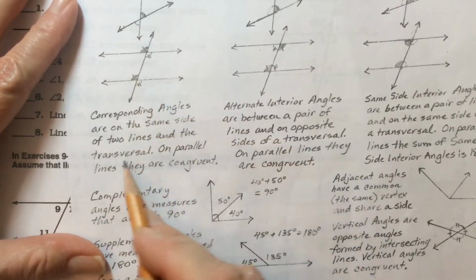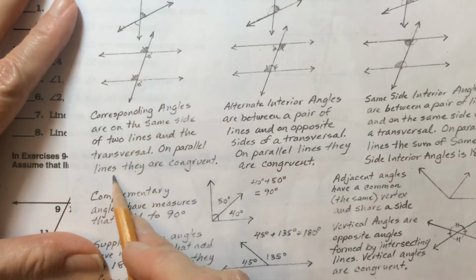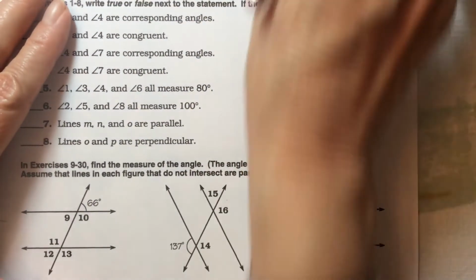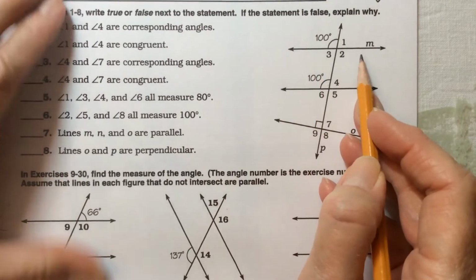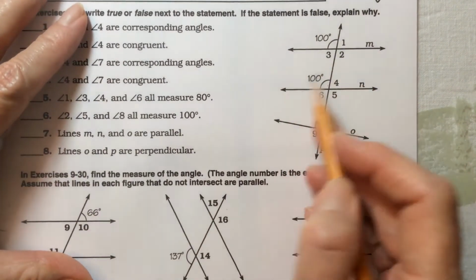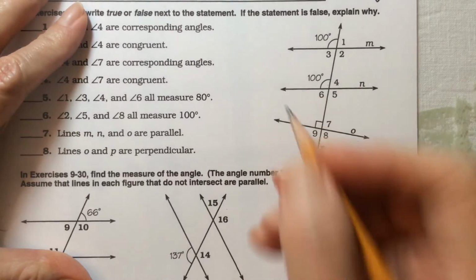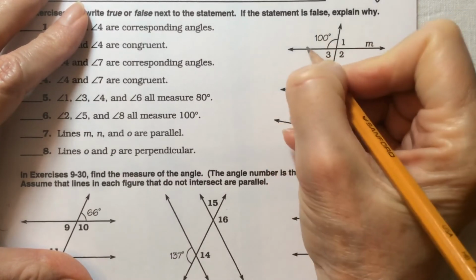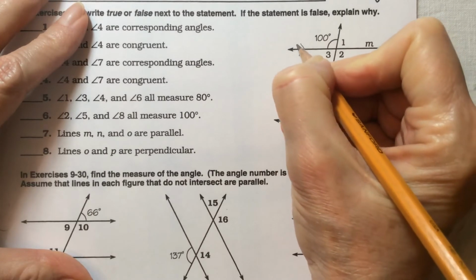And we know that on parallel lines, corresponding angles are congruent. But they are not congruent unless the lines are parallel. And so we know these lines now are parallel. And if you want, you can even put that symbol in that indicates parallel lines.